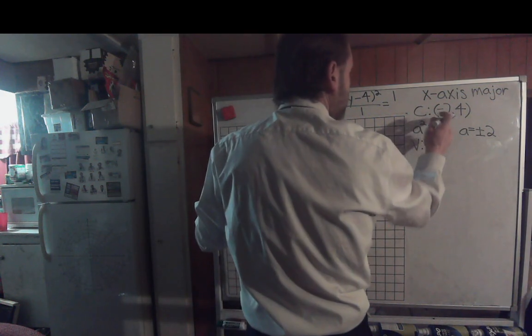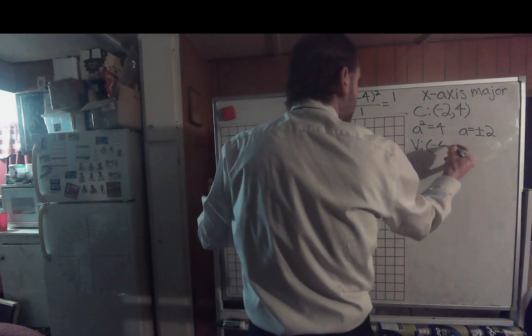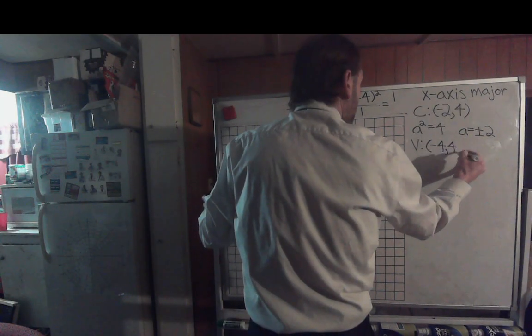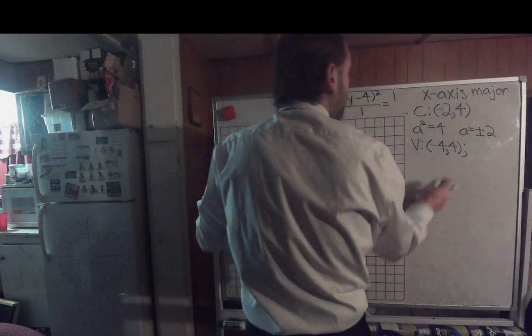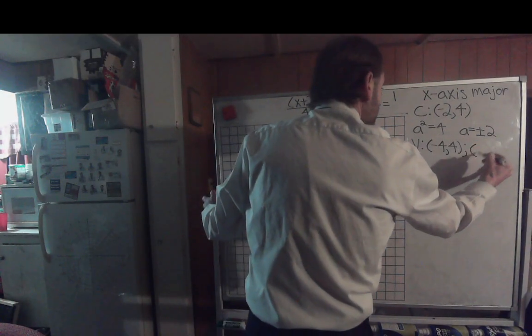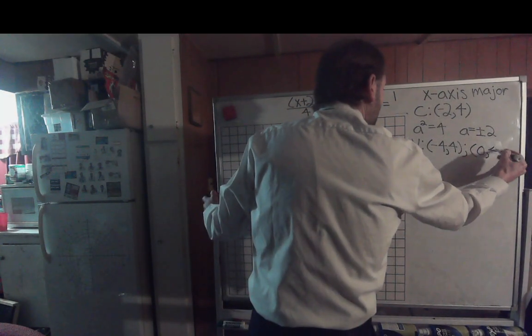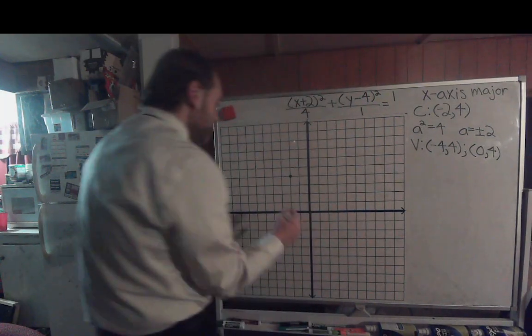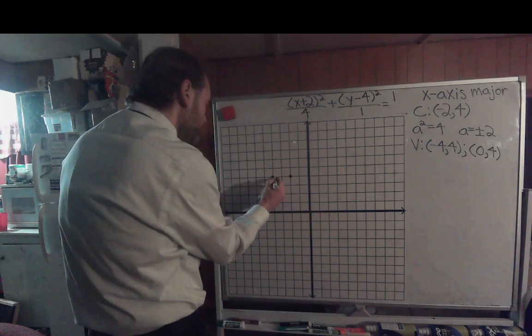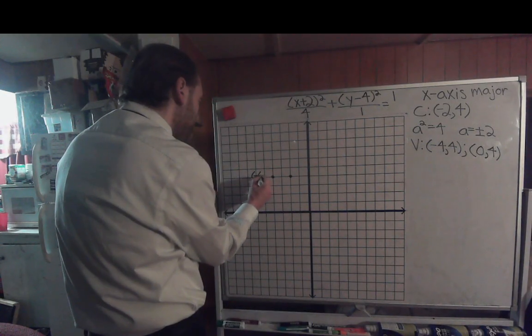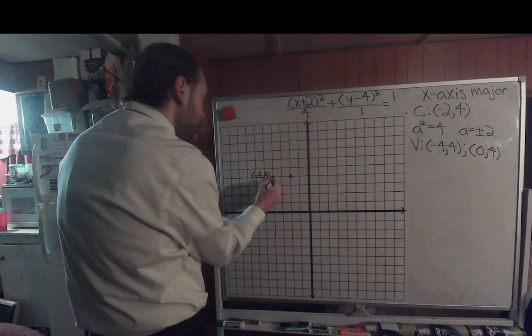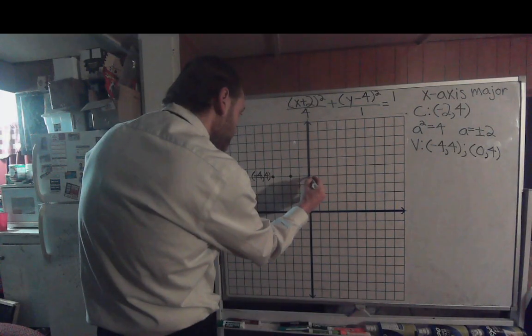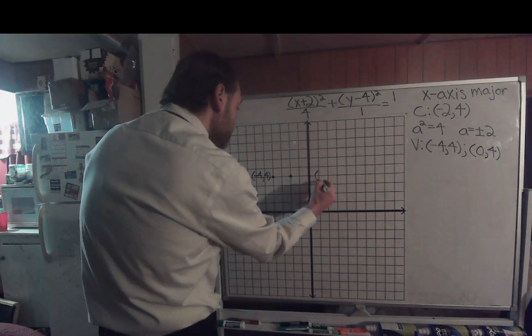So if I take negative 2 minus 2, I would get a vertex at negative 4, 4. Then if I add 2 to negative 2, I'd also get a vertex at 0, 4. Those would be my vertices. So here's negative 4, 4. And then we also have 0, 4. That's another vertex.